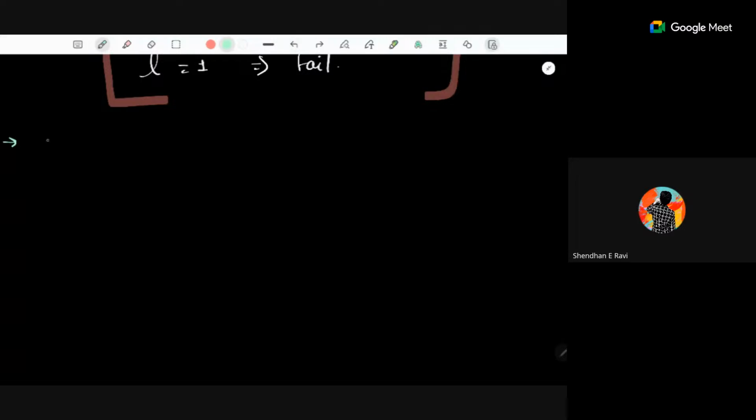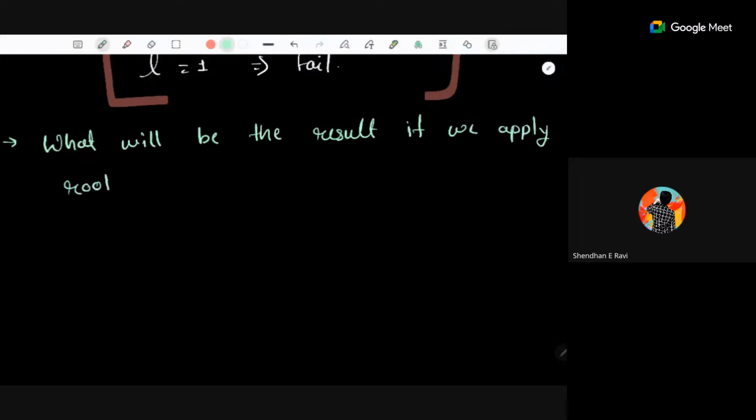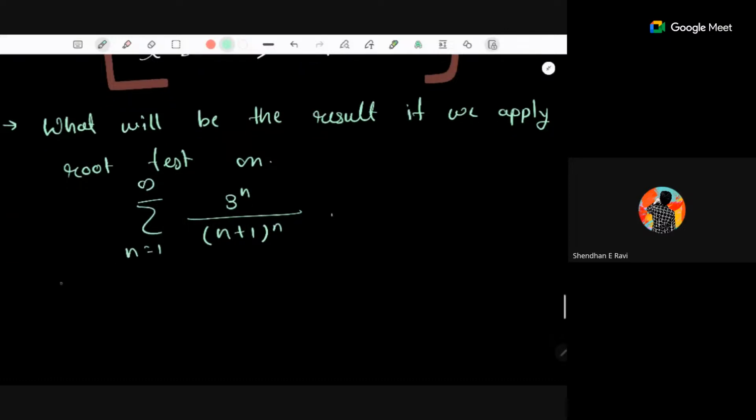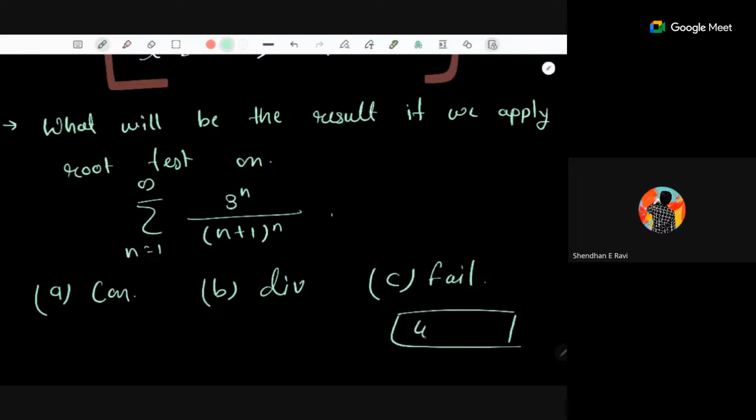What will be the result if we apply the root test on summation 3 to the power n upon (n plus 1) to the power n, with n ranging from 1 to infinity? Here you have three options. A is converges, B is diverges, and C is the test will fail. So let's take some time here, up to 4:35.